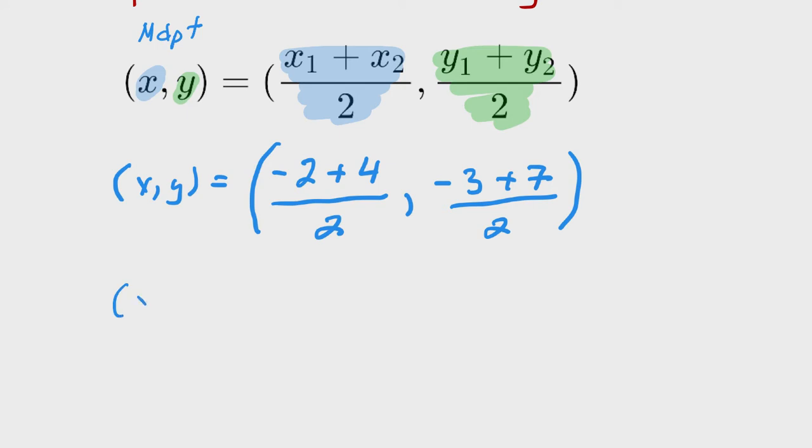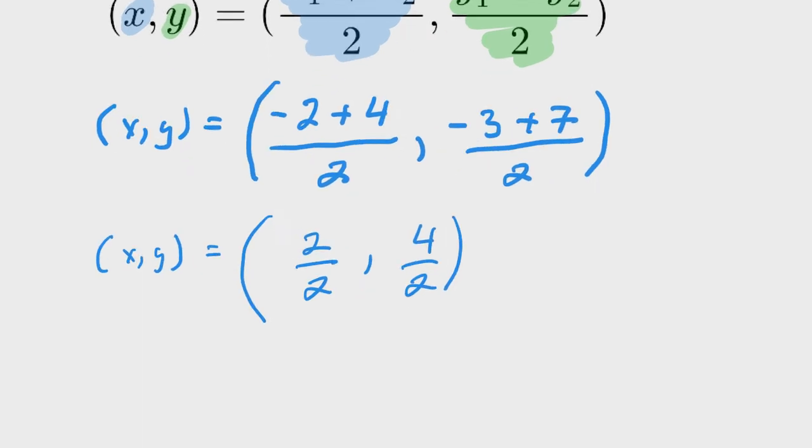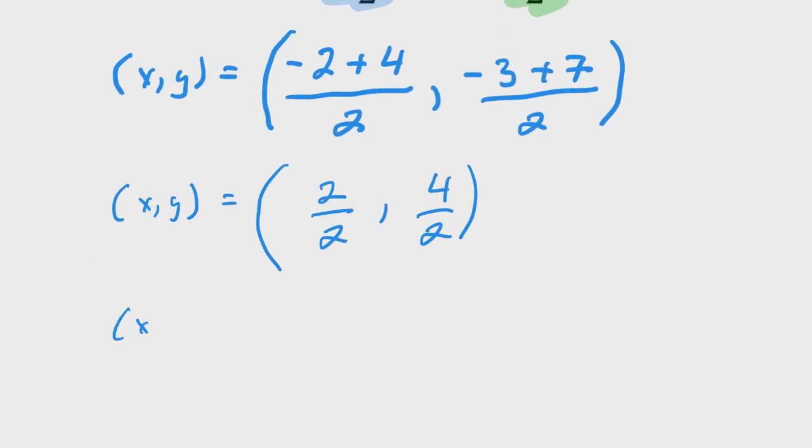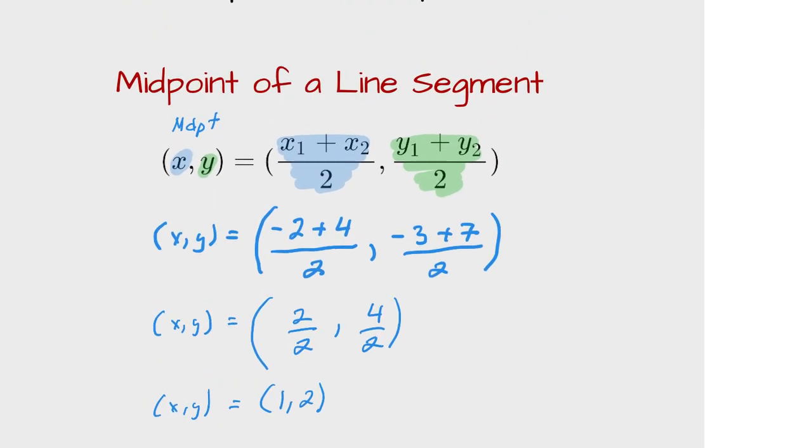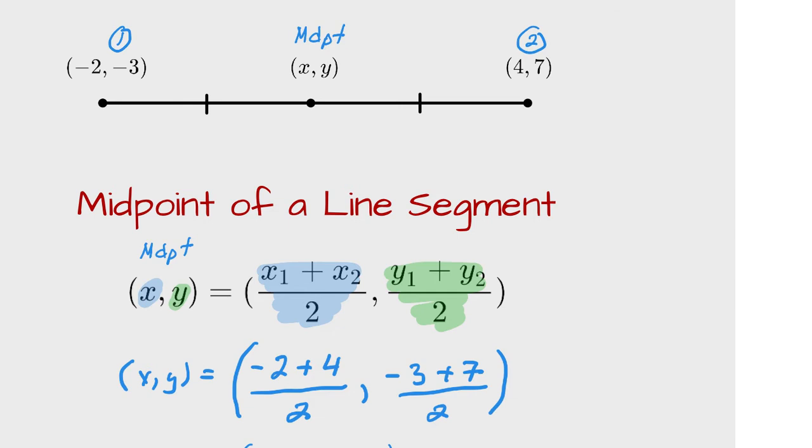So our midpoint coordinate is now, when we simplify, 2 over 2 and 4 over 2. Our midpoint coordinate now becomes 1, 2. So we can take that back up to our diagram, and our midpoint is 1, 2.